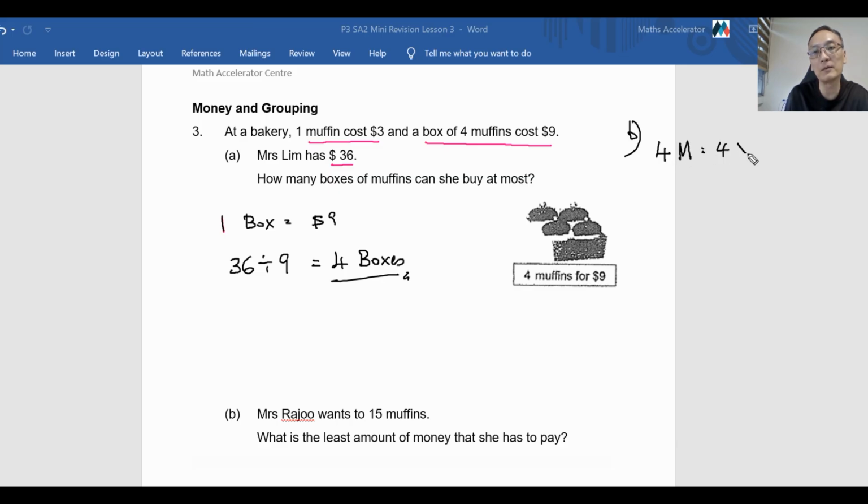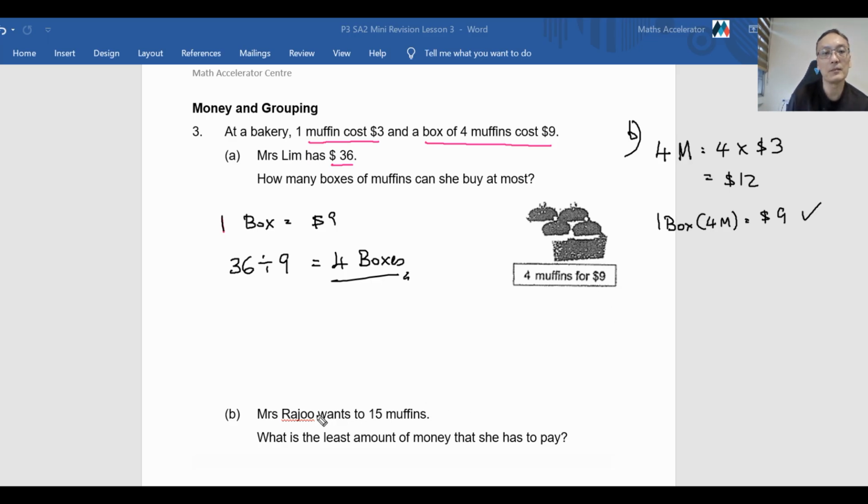It will be 4 times $3 and it will be $12. But if you buy one box of muffins, there are 4 muffins inside and it only costs $9. So we know that the better deal will be to buy boxes of 4, right? Instead of 4 individual muffins.